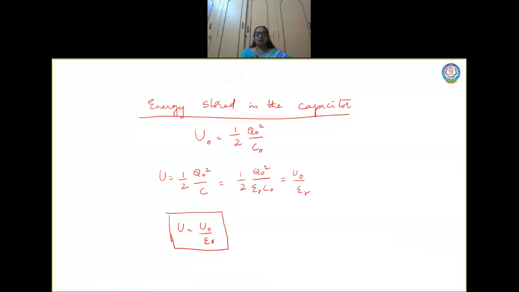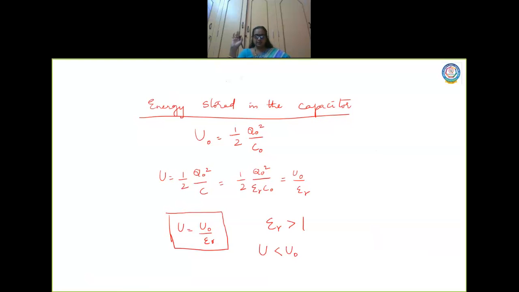Now again I can write here epsilon R is definitely greater than 1. So what will be the value of U compared to U naught? Definitely it will be lesser than U naught, which means there will be a decrease in the energy.